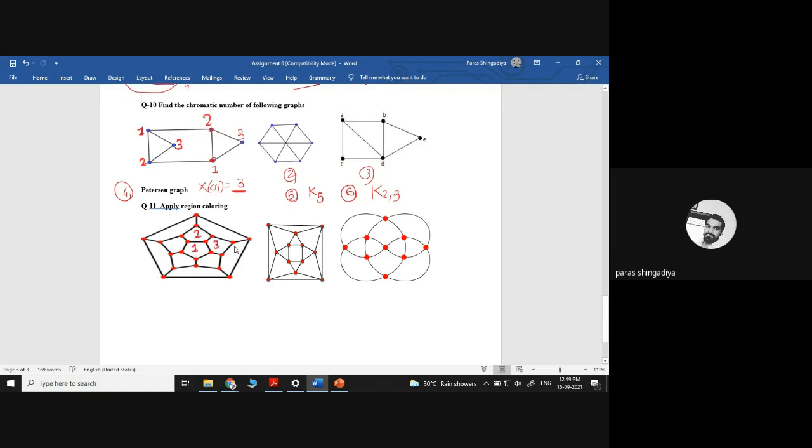And here I can put a 2 because 2 is not adjacent to this place, and 1 and 2 are adjacent. Here I can put a 3. And here 1, 2, 3 are adjacent to this region, so here we consider the fourth color for this graph. So 4 colors are required for the inside.